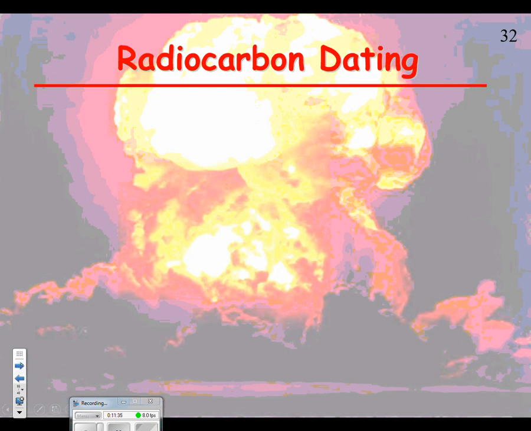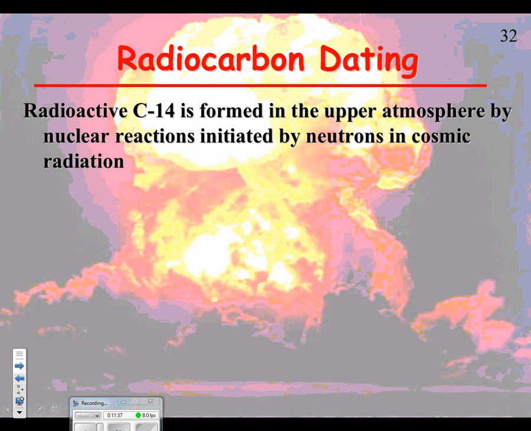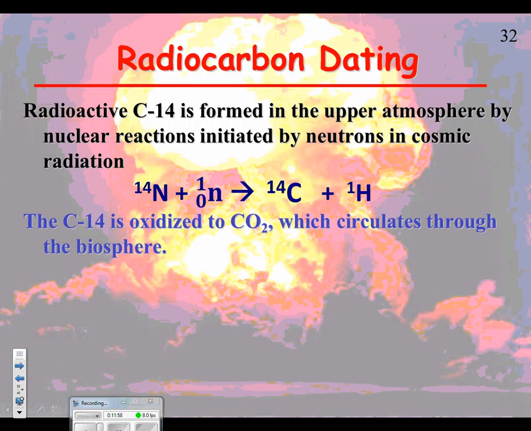Okay. So radiocarbon dating. This is how we find out how old things are in archaeology. We use carbon-14. How does that work? Well, in the upper atmosphere, we get this happening, which is nitrogen-14 and a neutron, and it gives us carbon-14. And carbon-14 then is changed into CO2, which circulates through the atmosphere, and plants breathe it in, we breathe it in.